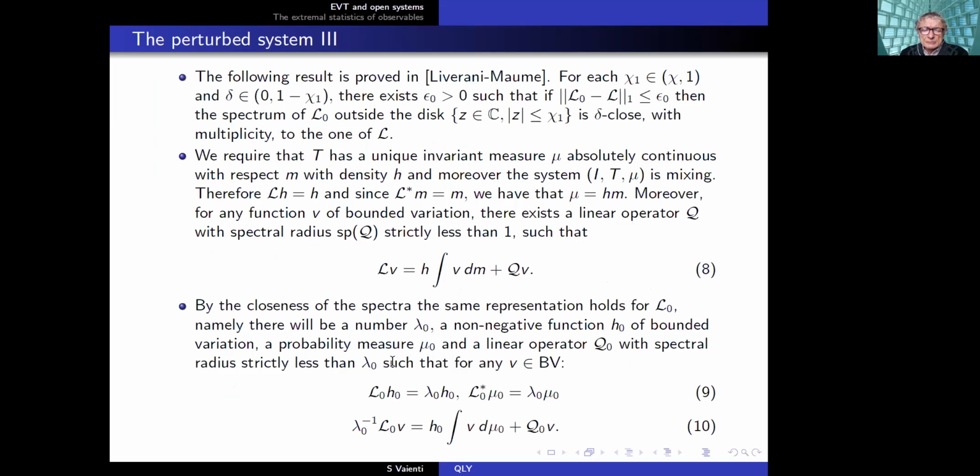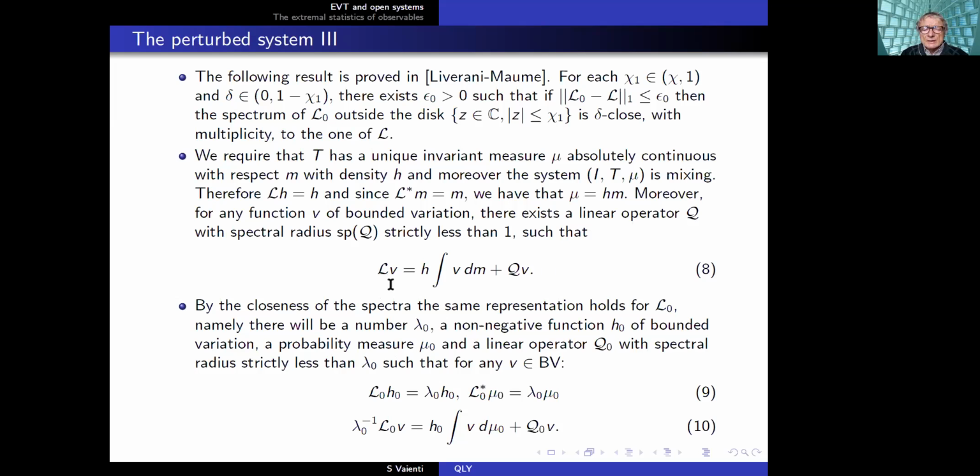This representation, which is called in this framework quasi-compactness of the operator, allows us to see the action of this operator in a very simple way.